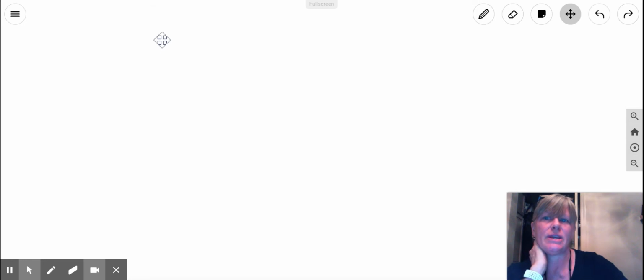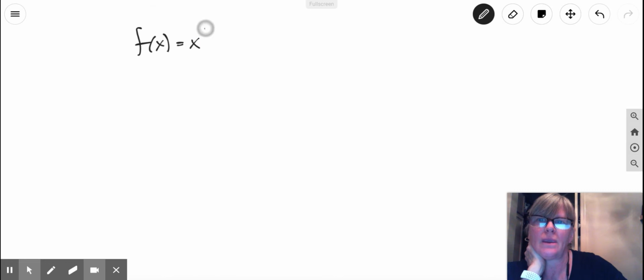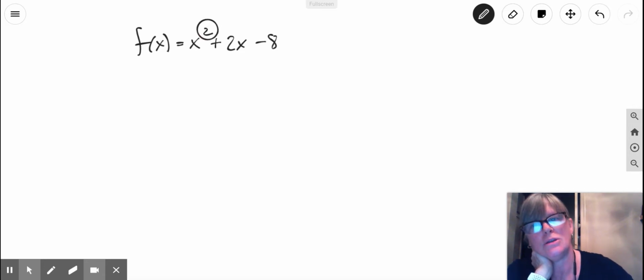Let me start again. By the end of this chapter, if you see something like this, you will immediately go, oh, it's quadratic, which means it's got a U shape, and it's positive, so it's going to go up.